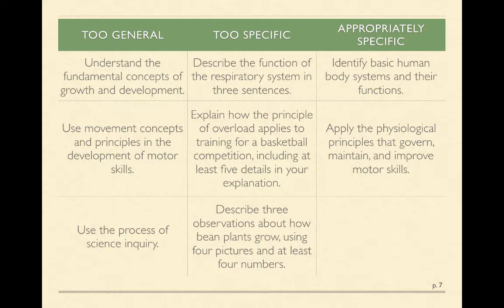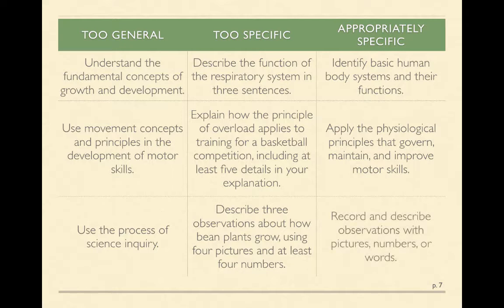A student could leave your class and say, okay, I know 3 things about how bean plants grow and I can use 4 pictures and 4 numbers for it. But if they're talking about cabbage plants, or if they're talking about fruit trees, they have no concept. They're not able to do that.